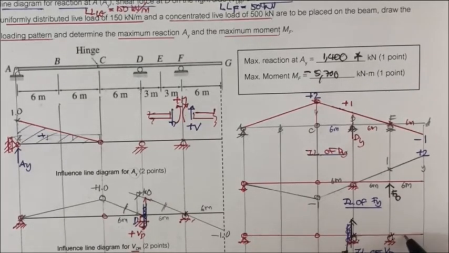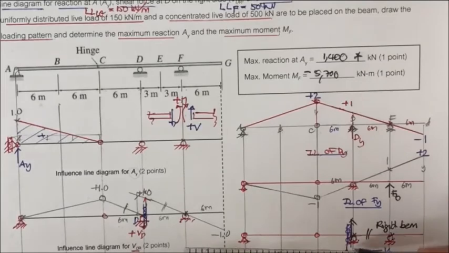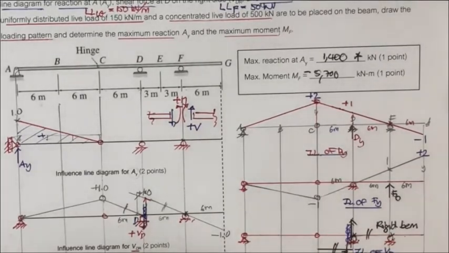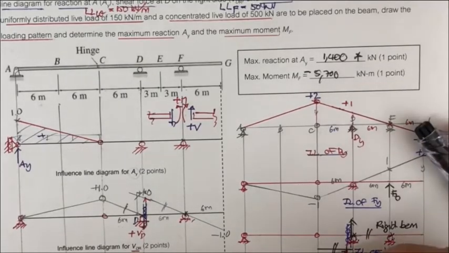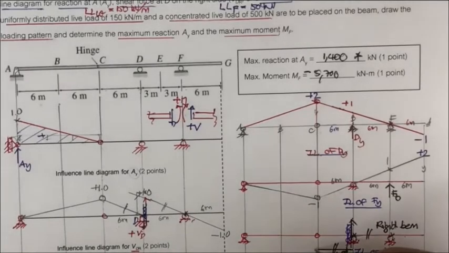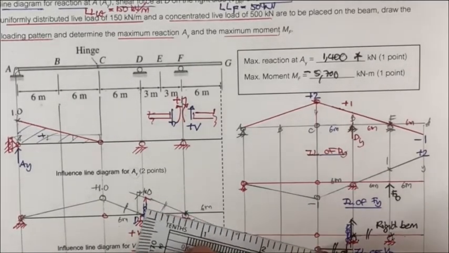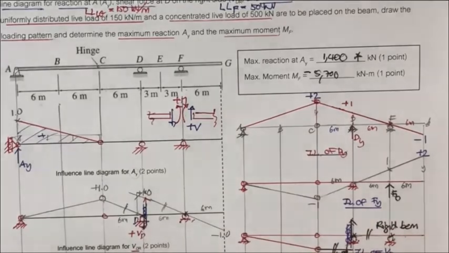So this one won't move. It's going to be a rigid beam here that won't move. And since this one won't move, the condition is this guy must move parallel with this, and the movement here is going to be -1.0 downward. And then you have the hinge here, you connect everything together, and then you get the influence line of V sub D L.